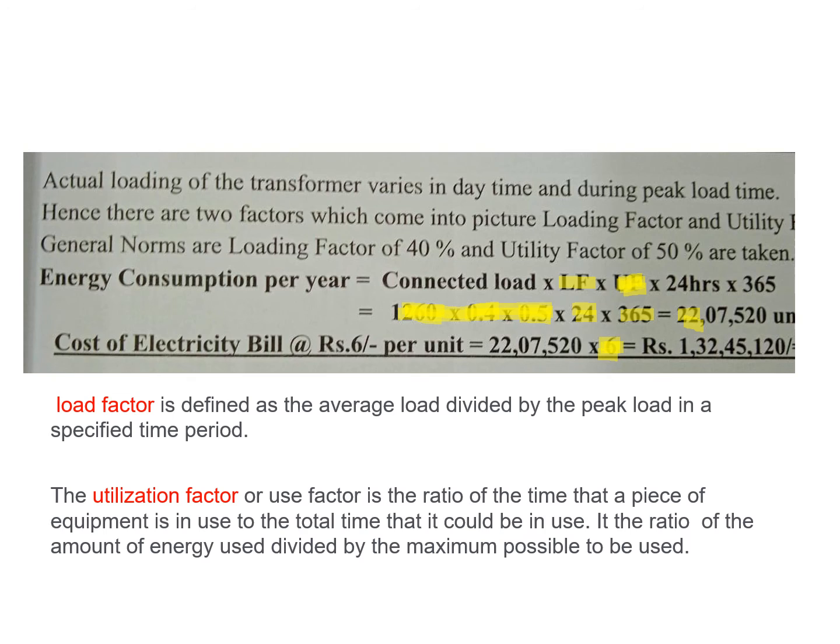So anyway, whatever it is, if you multiply with 6, you get your projected electricity bill to be 1 crore 32 lakhs, 45,120 rupees. So this is how we compute the machinery or the electrical load of the hotel.